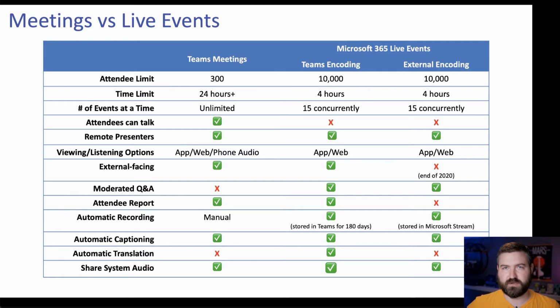Be honest with yourself of what you're actually going to get out of a Teams meeting, and you might look at a Teams live event when you start getting like maybe 30, 50, 150 people. With a Teams live event, you can actually go up to 10,000 people. Right now, with the COVID-19 pandemic going on, until July, you can actually go up to 20,000 people in a Microsoft Live event.